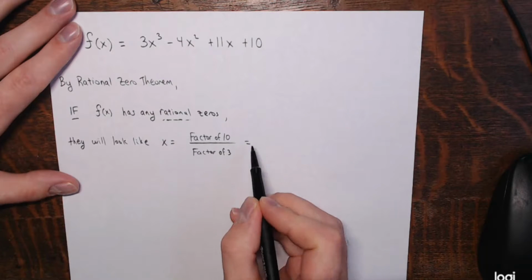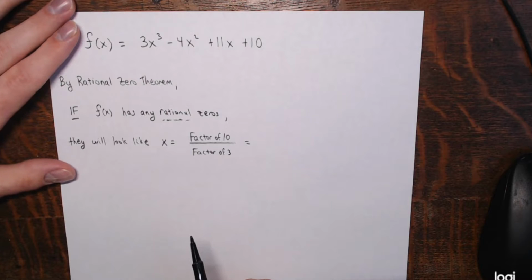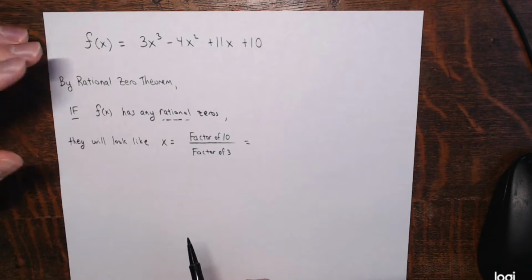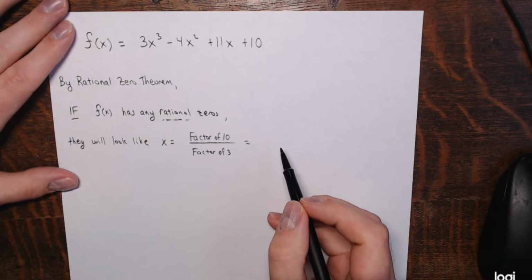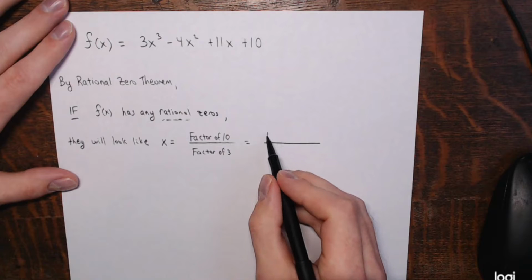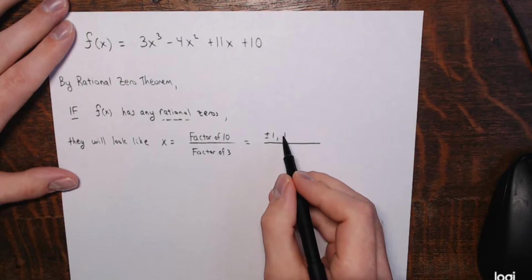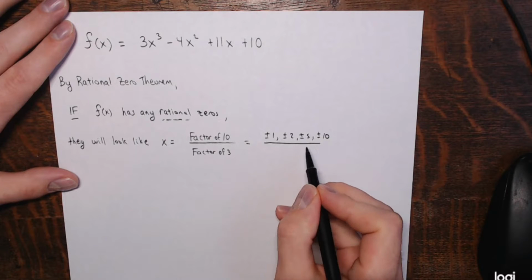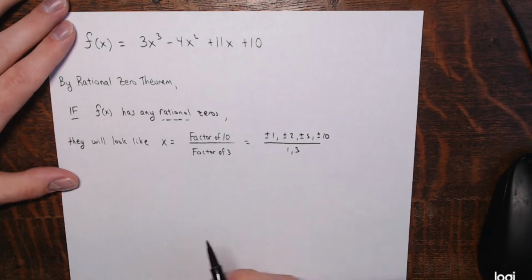And we're going to use this information to make a list of possible rational zeros for this function and start checking the numbers on that list. So factors of 10 are plus or minus 1, plus or minus 2, plus or minus 5, and plus or minus 10. And then the factors of 3 are 1 and 3.